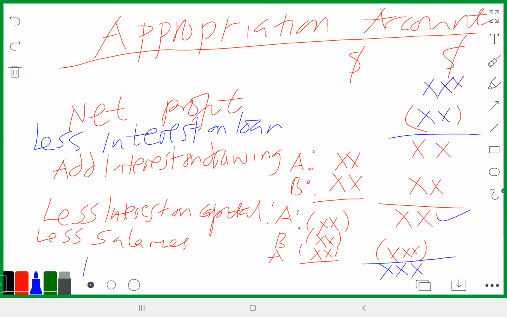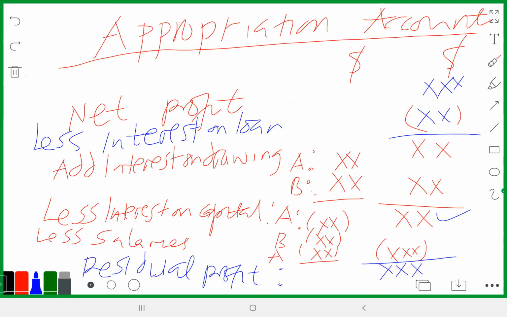The residual profit. Now, this is the profit that should be shared, the residual profit. This is the profit now that is available to the partners to do what? To share. This is very important, and you need to get this.